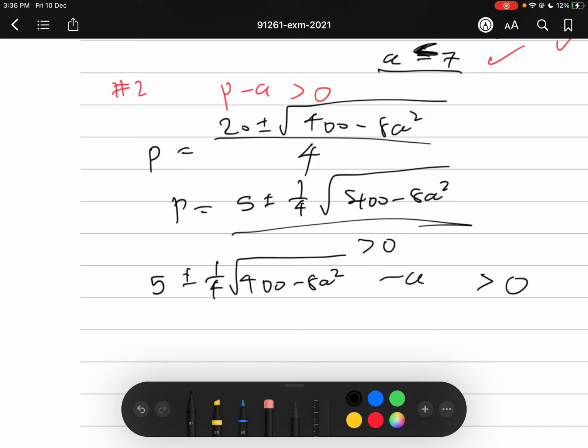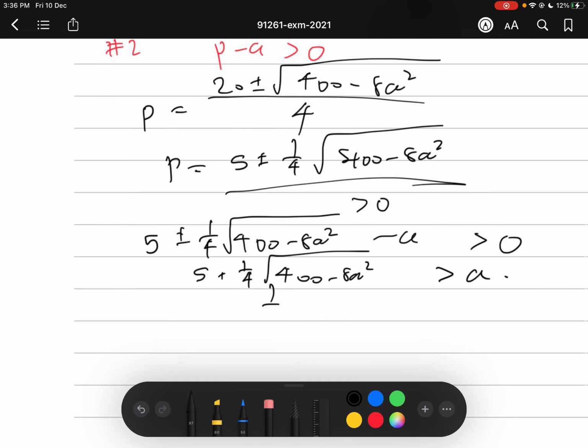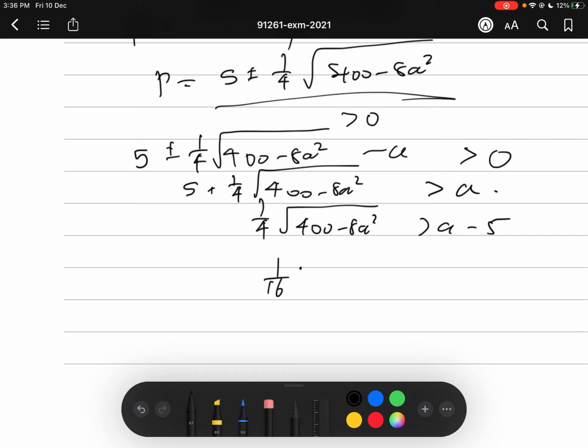So 5 plus 1/4 square root of 400 minus 8a squared is greater than a. Then 1/4 square root of 400 minus 8a squared is greater than a minus 5. Then we can square both sides. So 1 over 16 times 400 minus 8a squared is greater than a squared minus 10a plus 25.